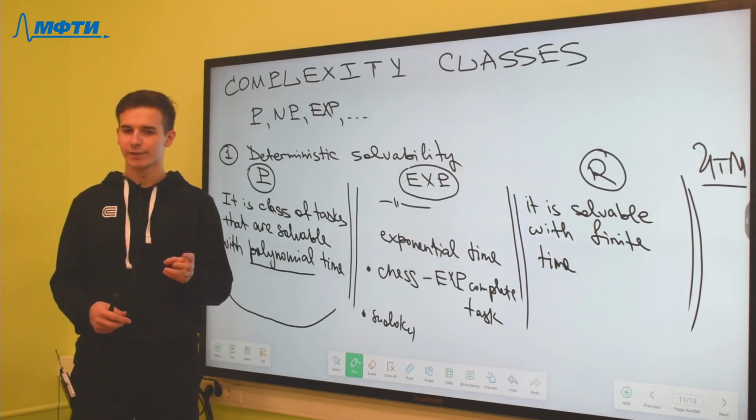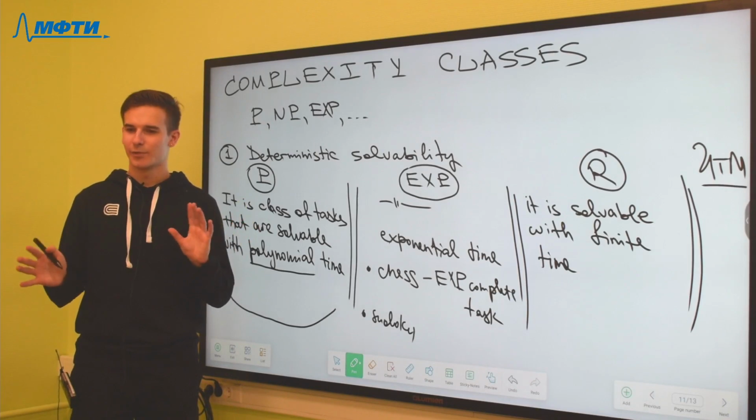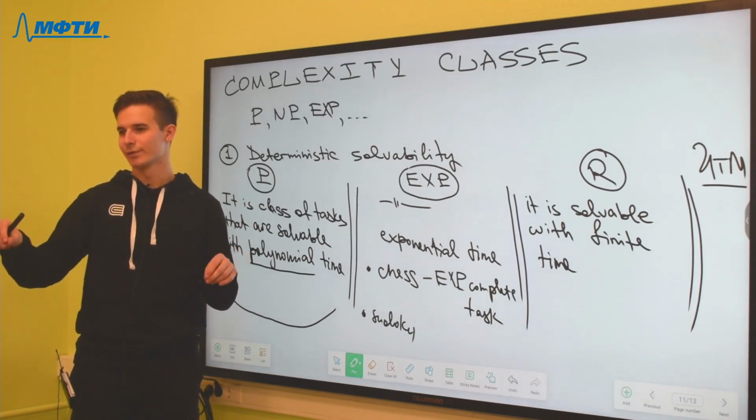So you try to find not the optimal path, but an approximately optimal path between 2 nodes.